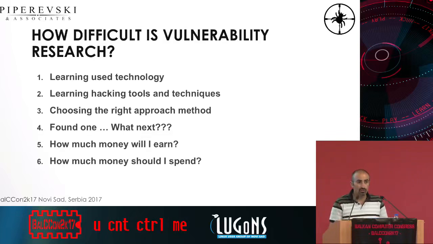It can be done in a very simple way: you can download a course about that technology and realize how it functions. But many of the technologies used inside, for example, Internet of Things, are not public. So we need to go one step further and find those books, that information, to learn about that technology before we approach the vulnerability research.